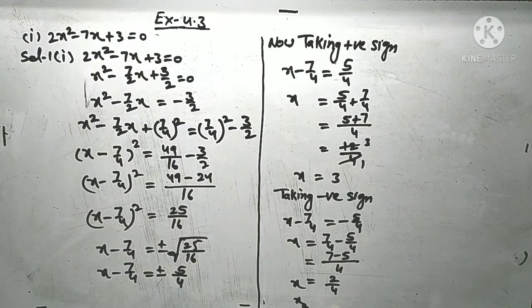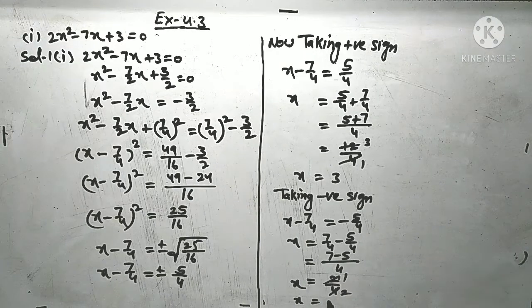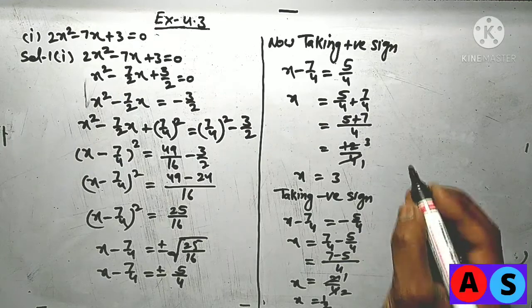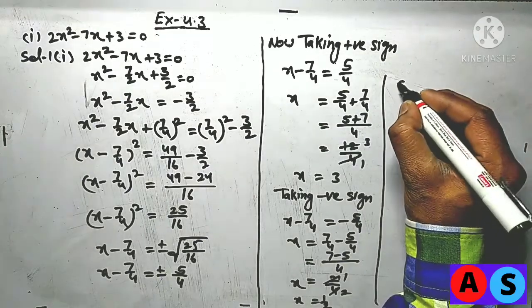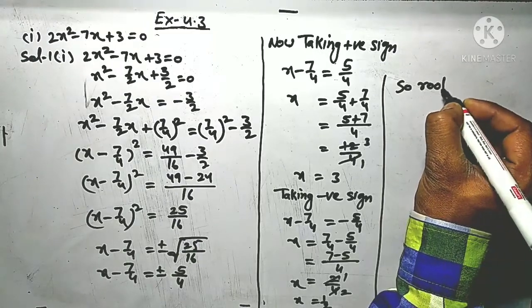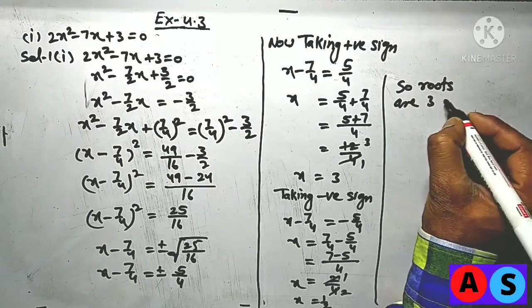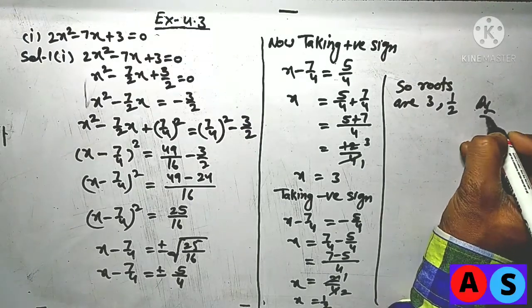Then x is equal to, 2 1s are 2, 2 2s are 4, x is equal to 1 over 2. So roots are 3 and 1 over 2. Answer.